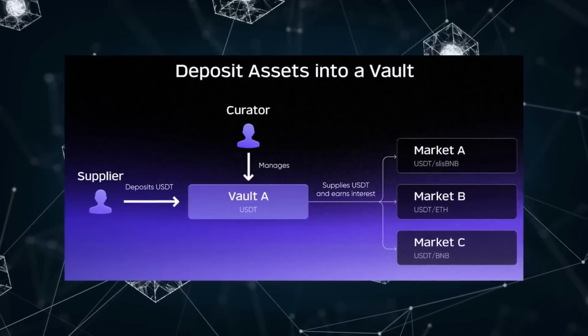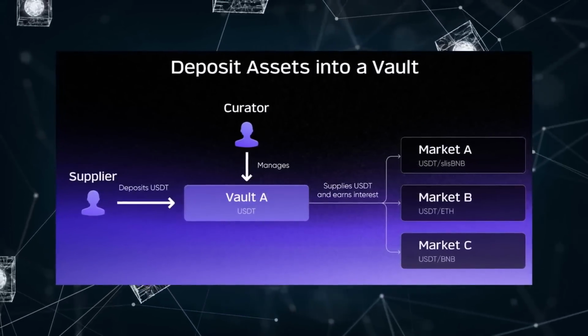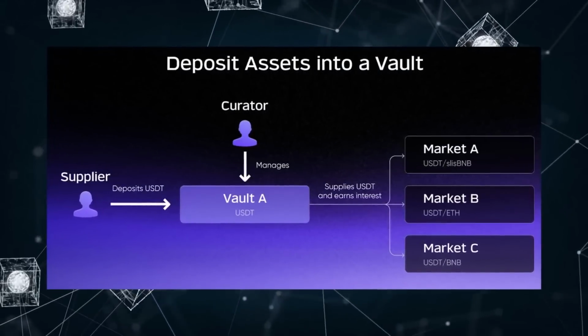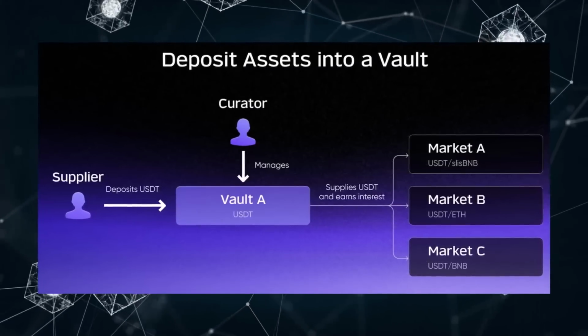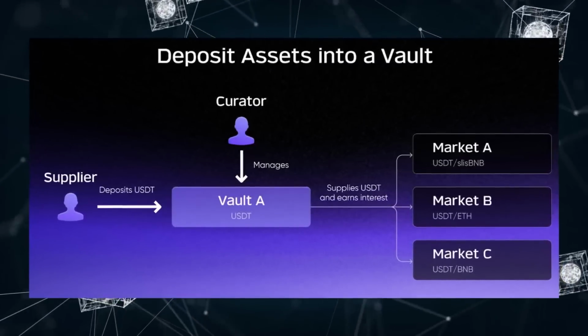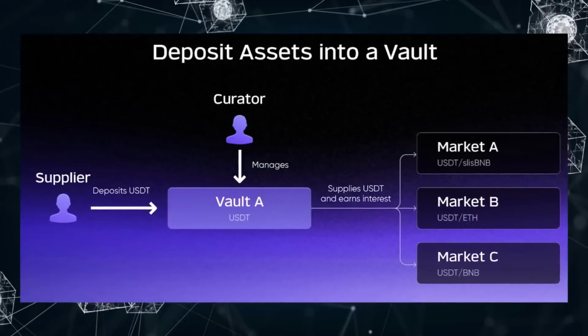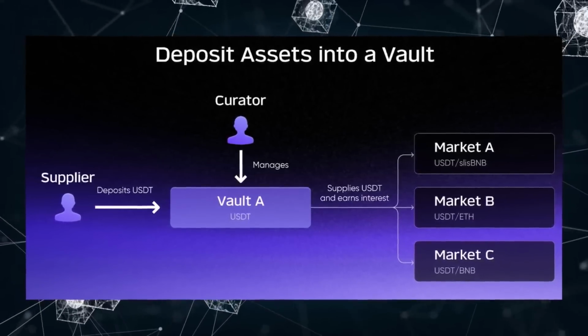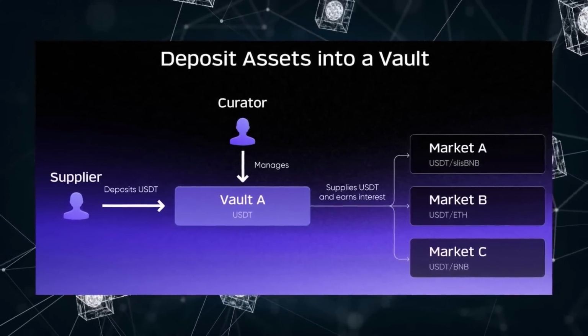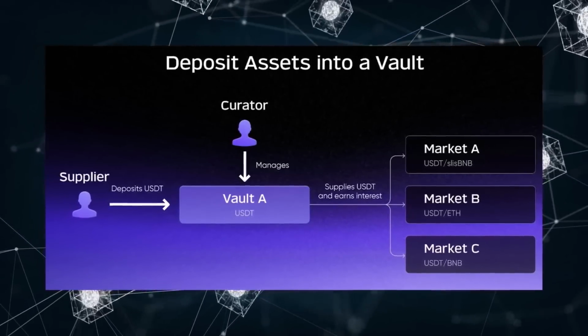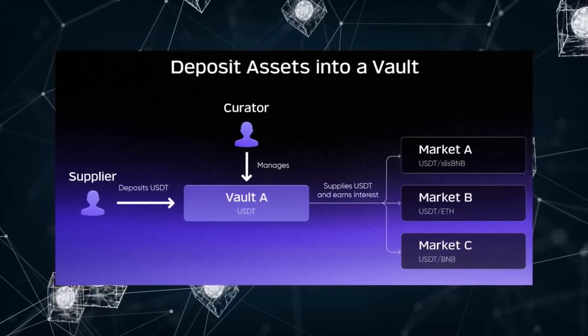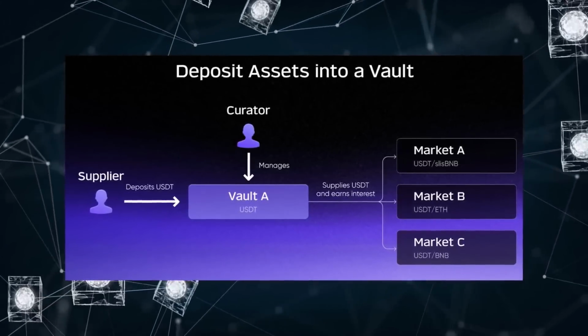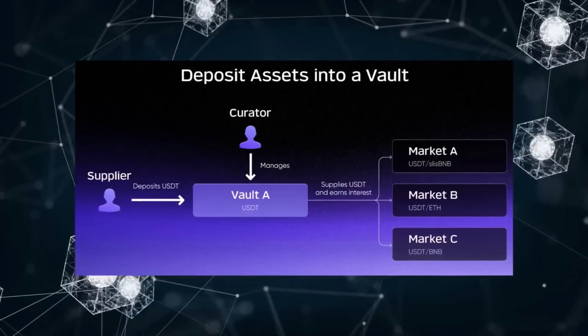Lista Vault contains a single loan asset and distributes deposits across multiple Lista Lending markets. And here any user can act as a provider and deposit funds into the vault, earning passive income from interest payments to the borrower. The vault is managed by actively matching suppliers with borrowers in its associated markets.